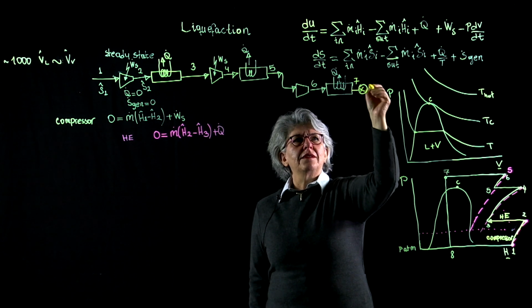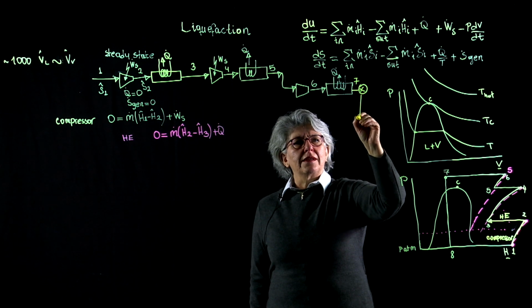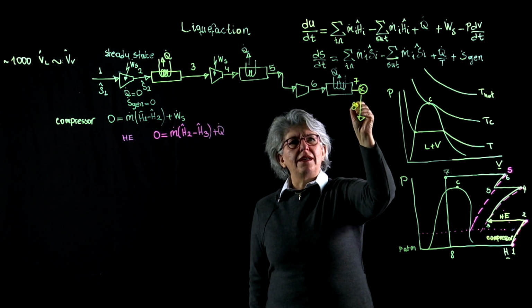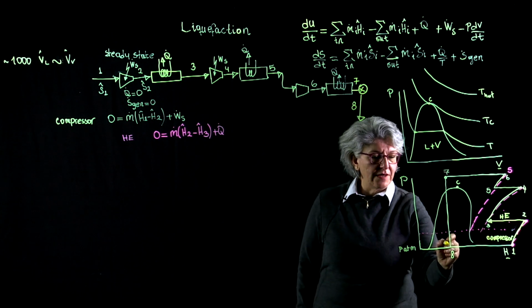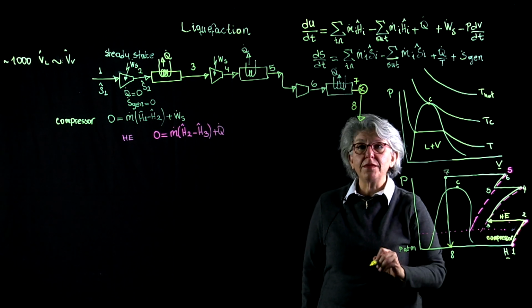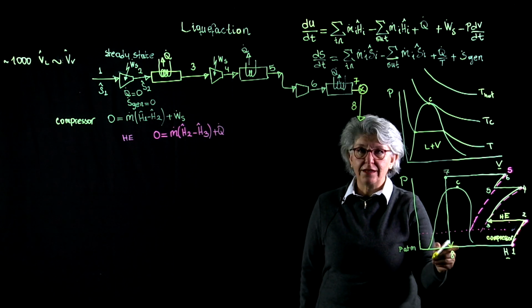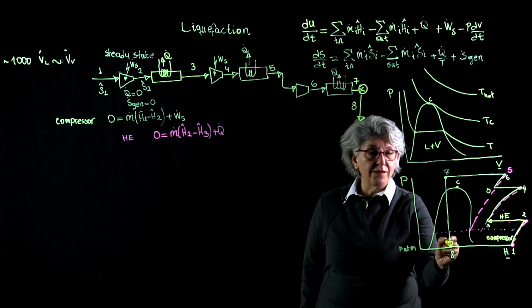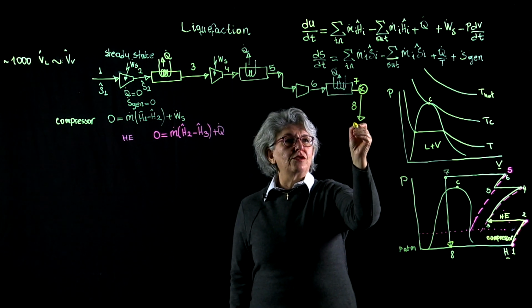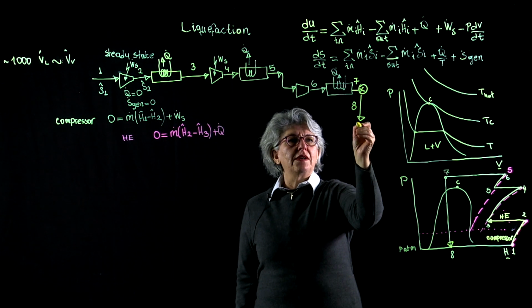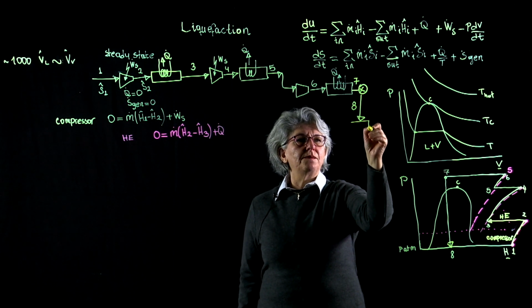This is 7. This is 8. As you can see at point 8, we have a mixture of vapor and liquid. So we have to separate vapor and liquid. So we just take this fluid into what we call a flash drum.